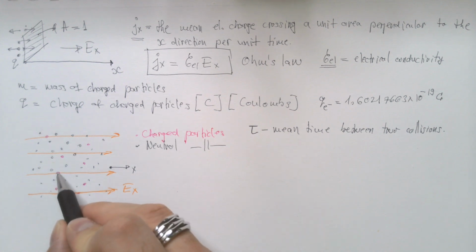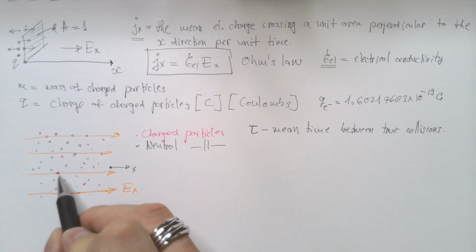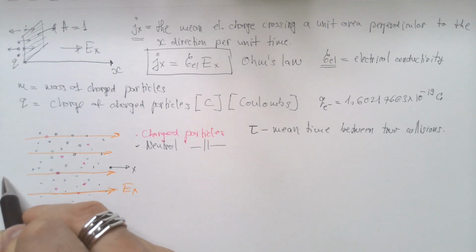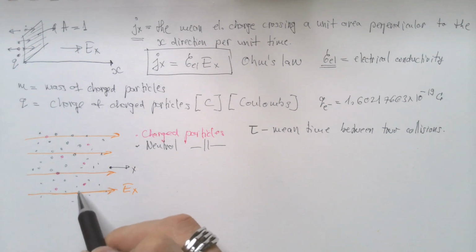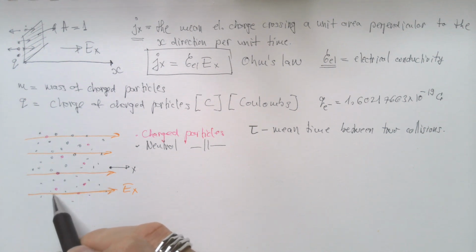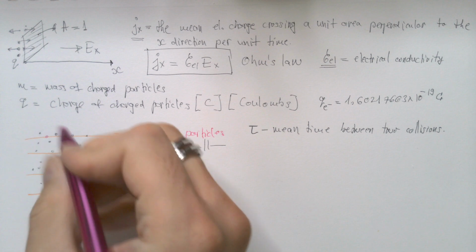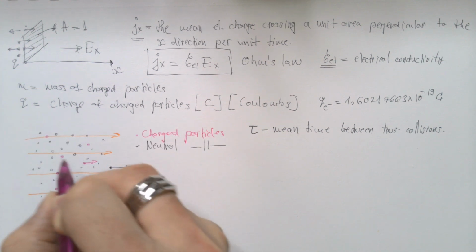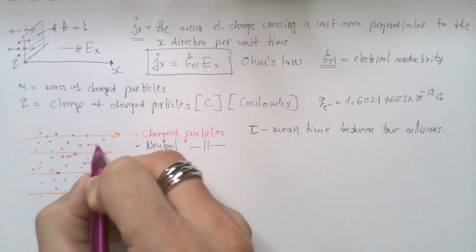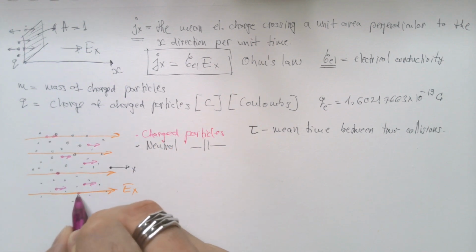If charged particles are negatively charged, they will move against the electric field. If they are positively charged, they will move in the direction of the electric field. So let's assume they are positively charged. That would mean they will move in this direction, along the electric field lines.